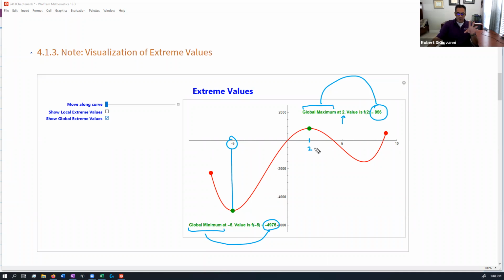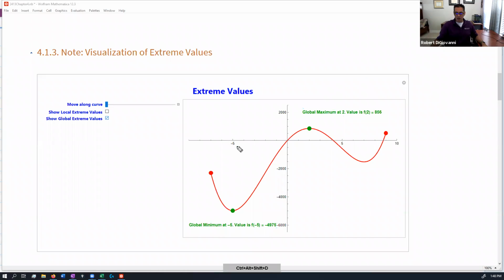So this function has a global maximum of 856. It happens when x is 2. This one has a global minimum of negative 4,975, and it happens when x is -5. That makes sense? Can y'all see visually that those are the highest and lowest points on the graph? Now let's look at locals.